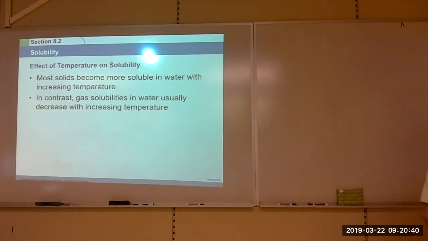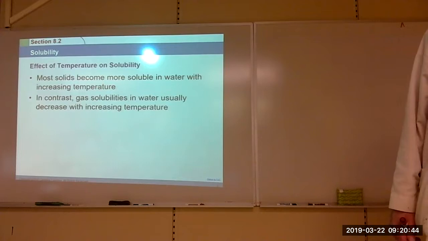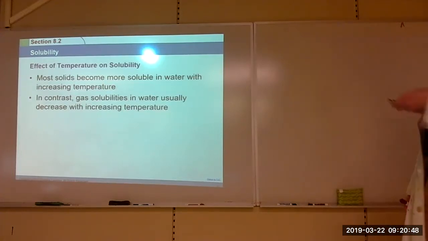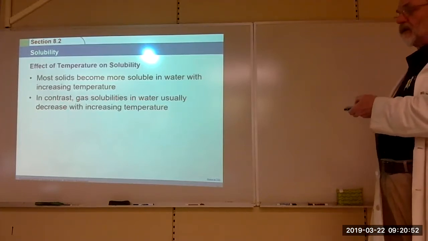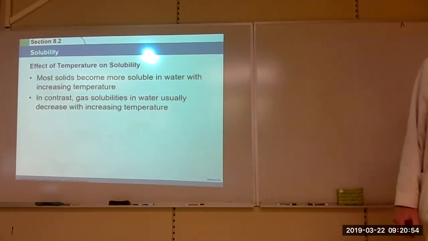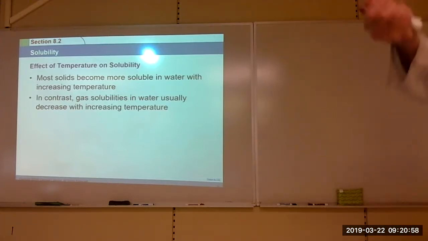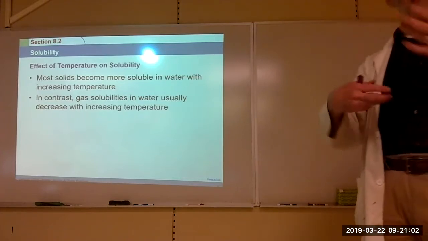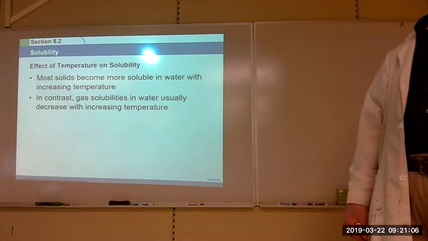However, for gases, as temperature increases, solubility decreases. Now, there are exceptions here too, but for most cases, when you increase the temperature, you decrease the solubility of a gas. So you notice when you put water on the stove to boil, before it actually starts rolling, you'll see little gas bubbles form.